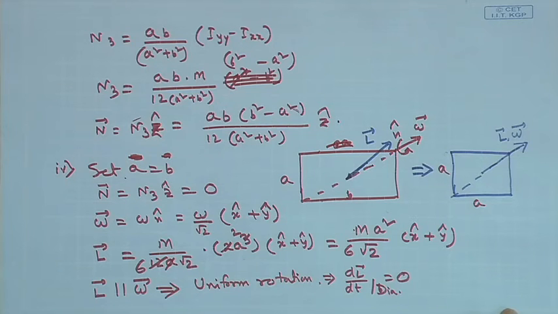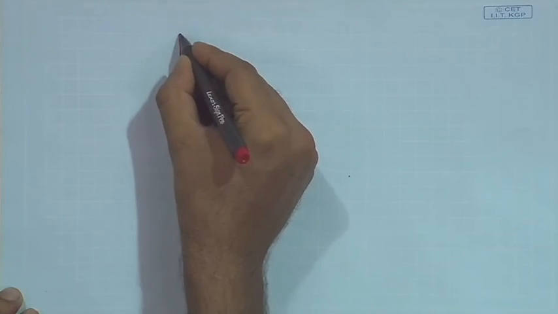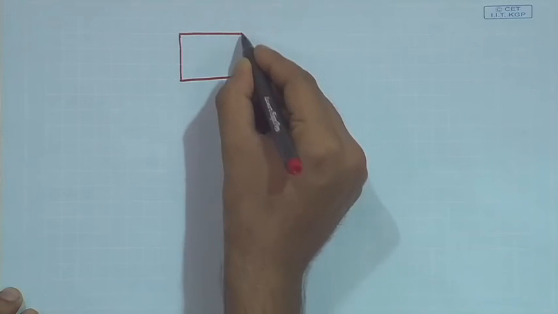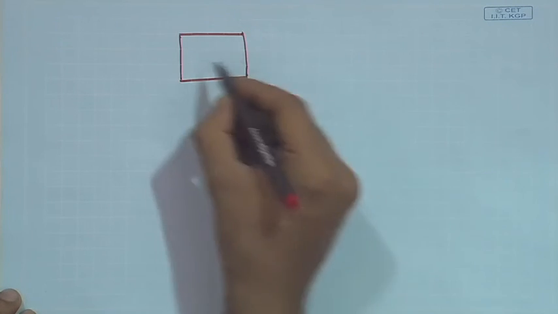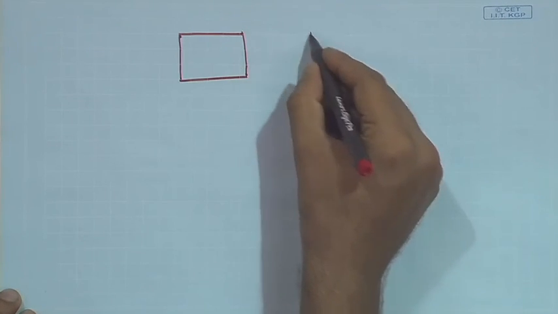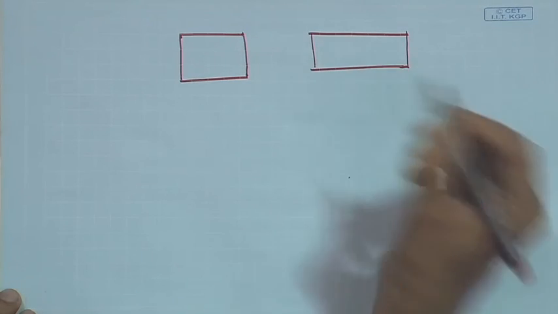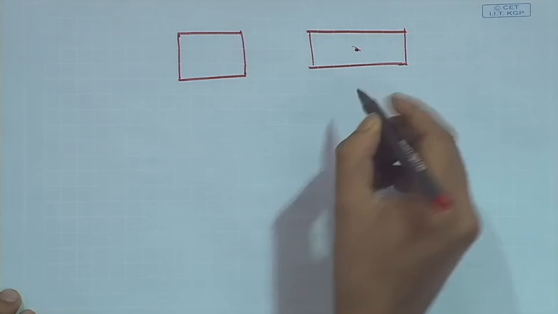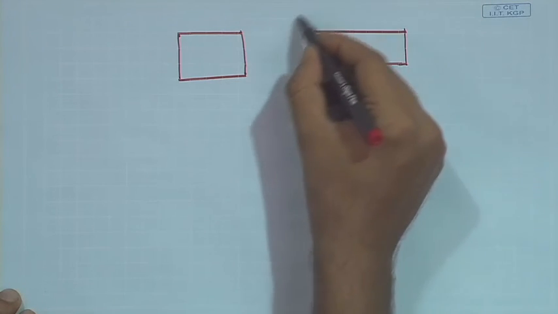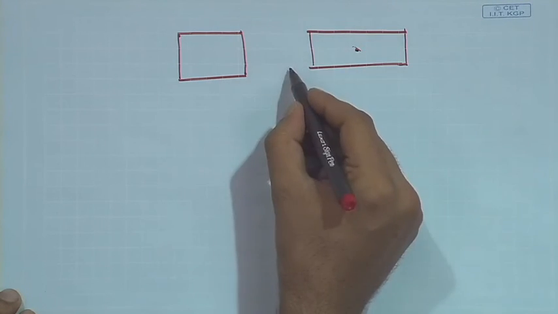It turns out that it exactly becomes a principal axis of rotation for a square plate. Now, what happens for a square plate? The symmetry becomes fourfold. When we have a rectangular plate of sides A and B, we have a twofold symmetry. That means if we start rotating it around this z axis pointing upward, at 180 degrees it coincides with itself.